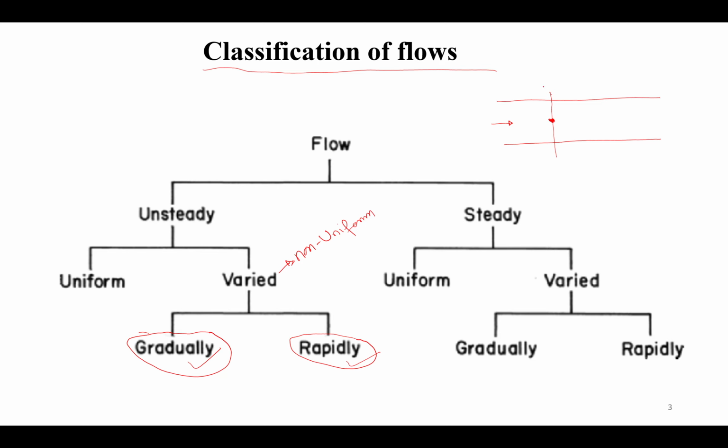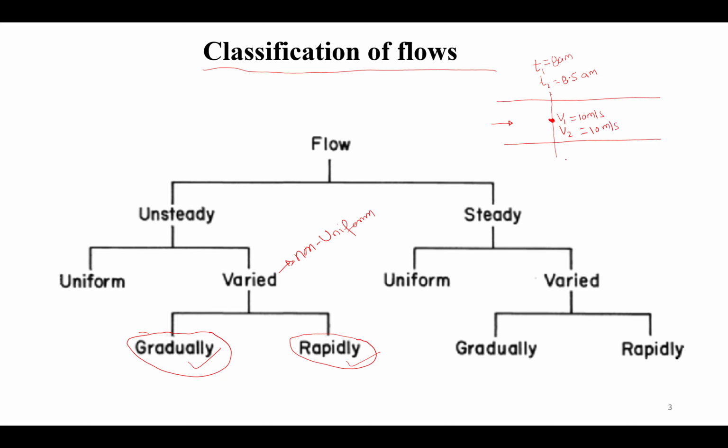Steady flow is nothing but this: if we measure the velocity at 8 a.m., T1, the velocity V1 was 10 meters per second. At T2, say 8:05 a.m., again V2 is equal to 10 meters per second.